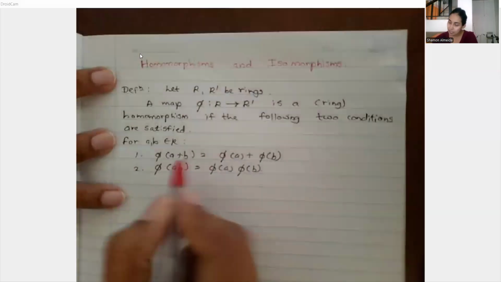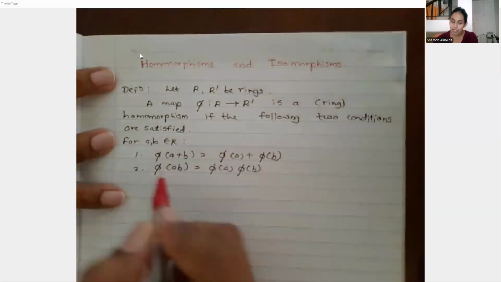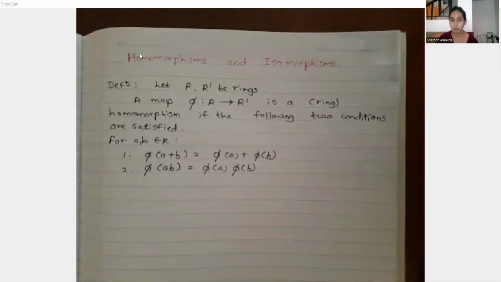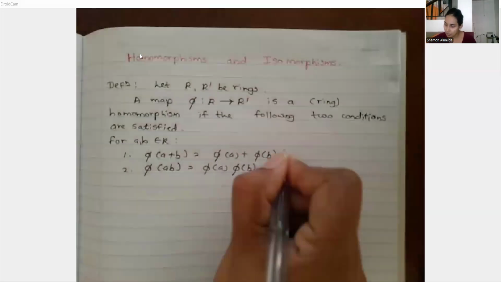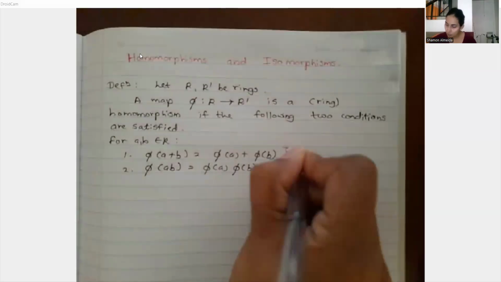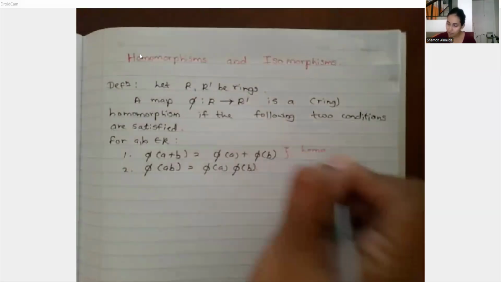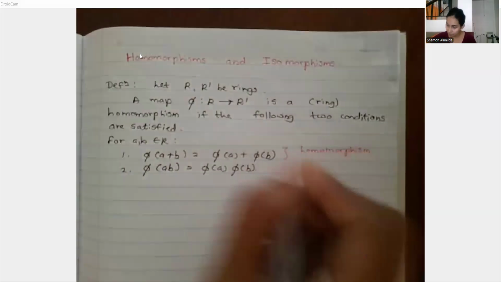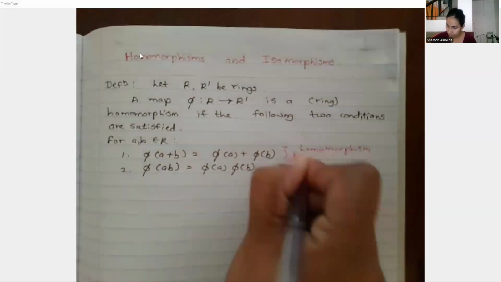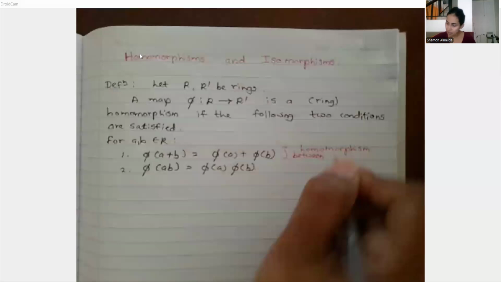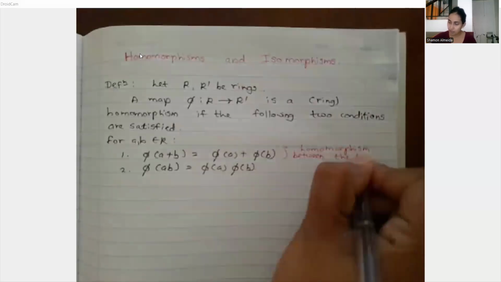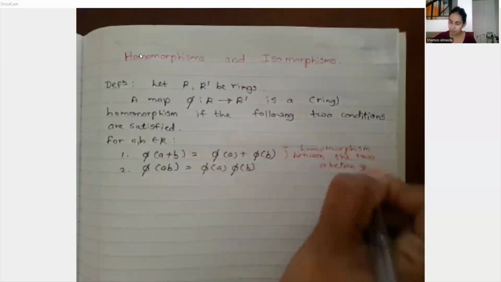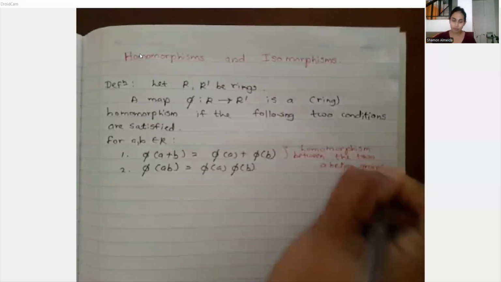So this first condition tells you this phi is a group homomorphism between the two abelian groups R and R prime.